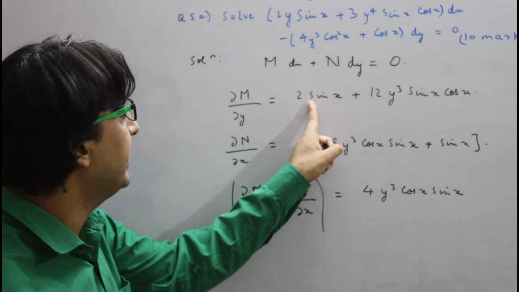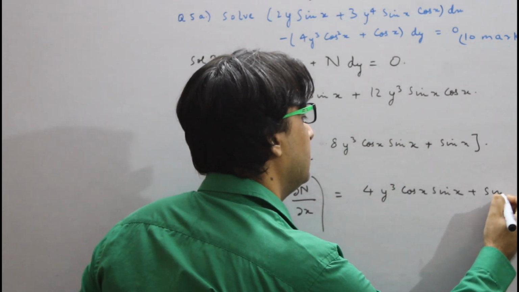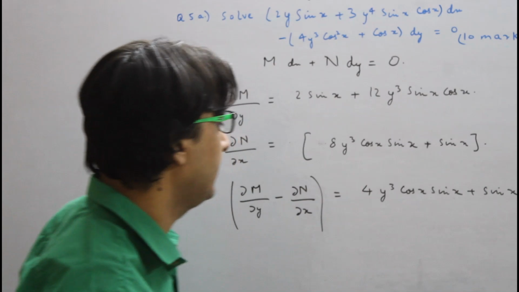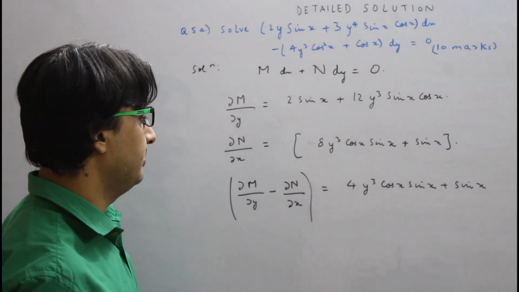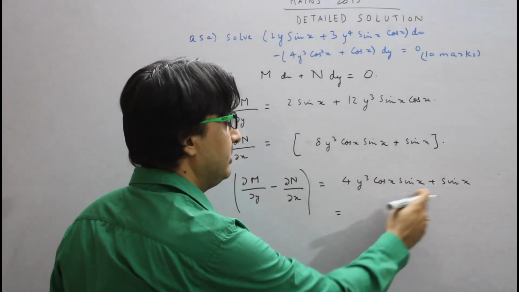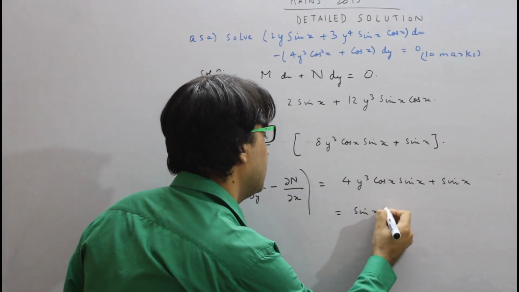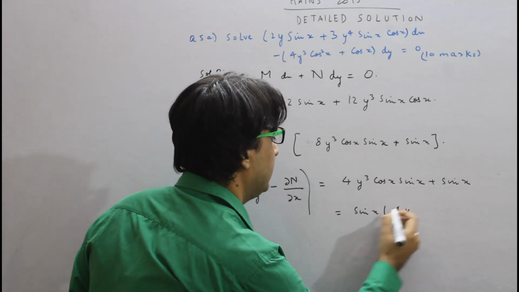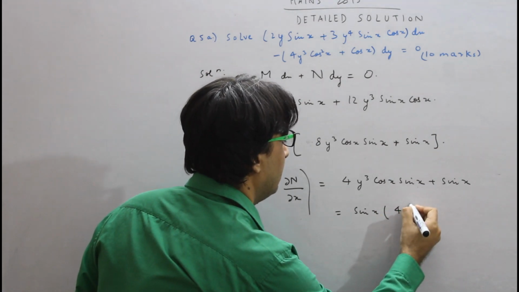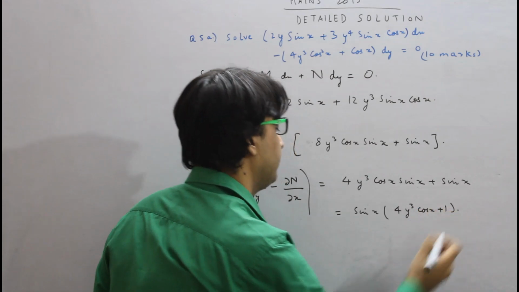This is 2 times and this is 1, so this will be sin x. If we take sin x, we can see it is common, so we can take that in common. So this becomes sin x (4y^3 cos x + 1).